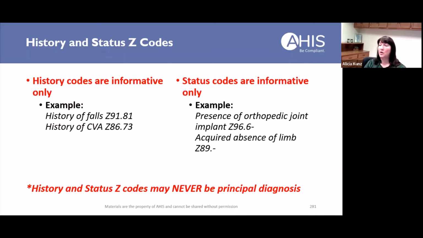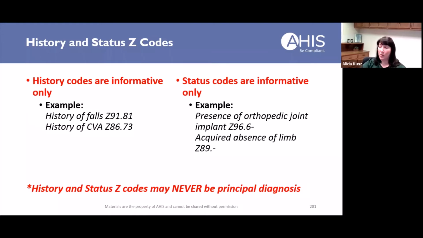The payer wants to know which joint was replaced. So that is why there is an instructional note saying, hey, tell us what joint is replaced, and use a code from category Z96.6. And then also somebody who had a surgical amputation, we want to know what limb was removed. So that's why Z89 code for acquired absence of limb would be a secondary code that would be required in that scenario.